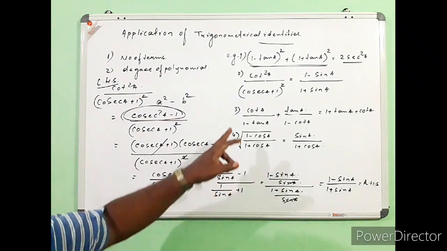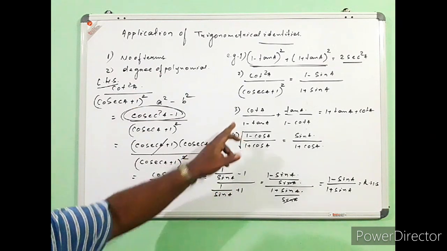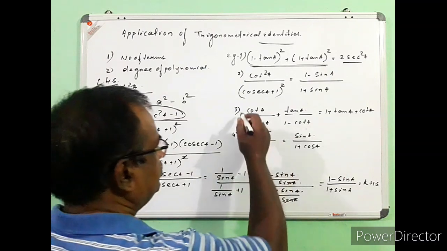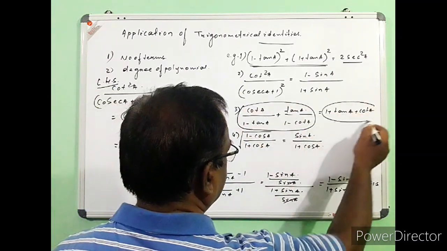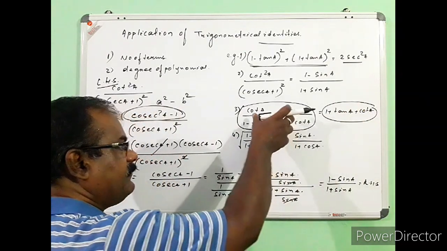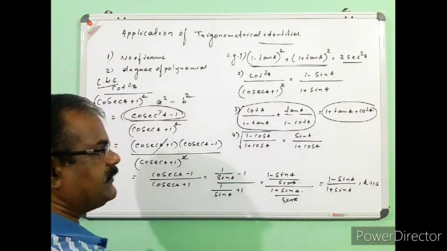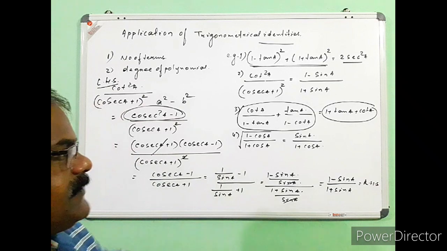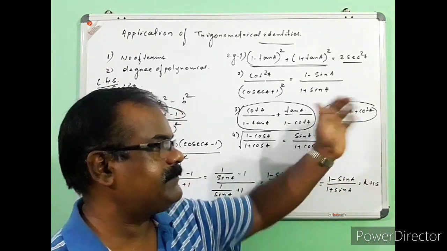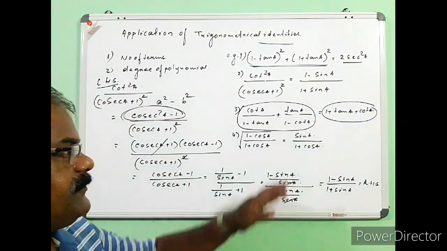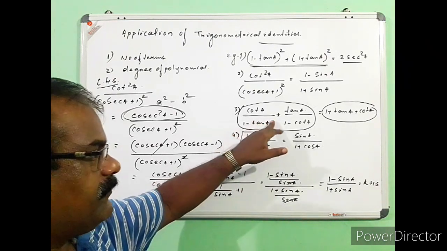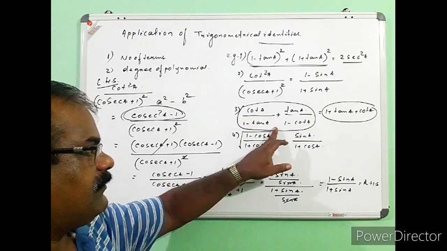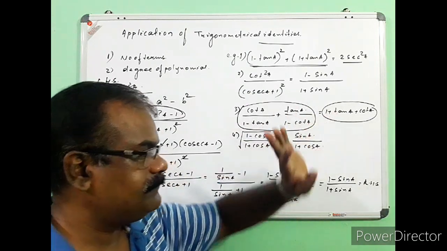Then if we go to the third example, here we can see that one of the sides is given in fractional form, whereas the other one is without any fraction. So it is better that you go for the fractional one, split that one and try to go to the other one.